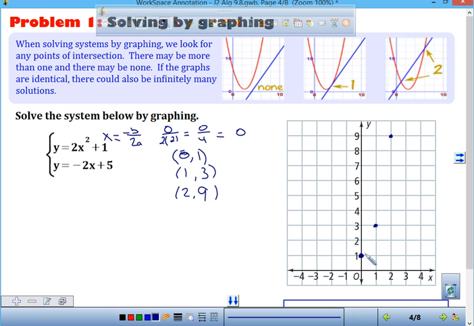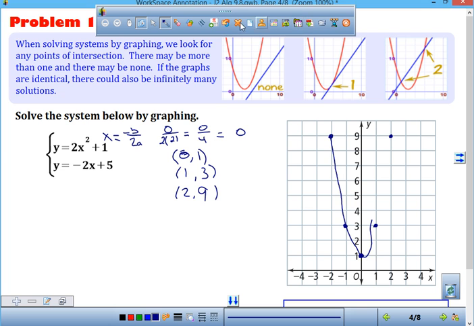Then I reflect them across the axis of symmetry, and in this problem the y-axis is our axis of symmetry, so I reflect across the y-axis. I'm going to do my best to draw a nice smooth curve that connects all of those points. Oh, and that was not my best.